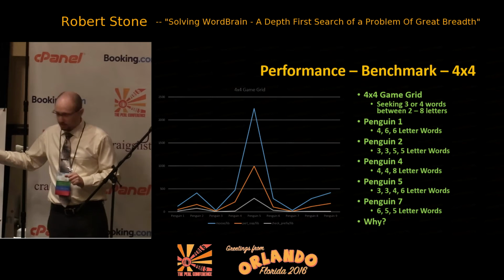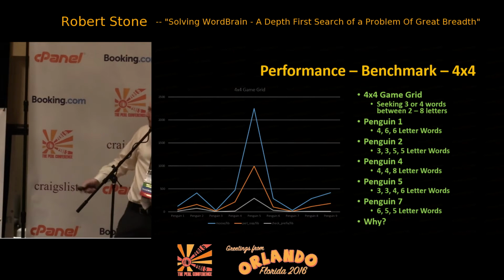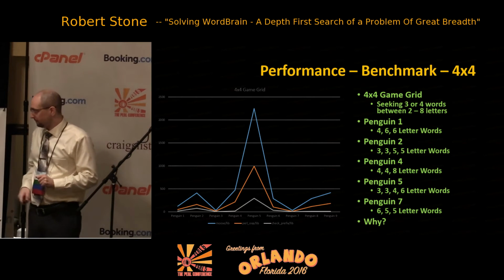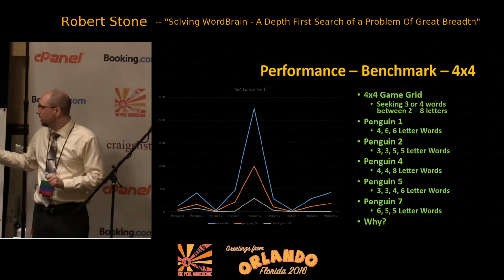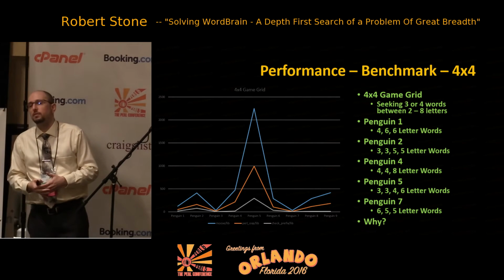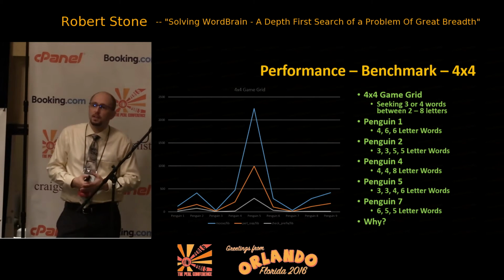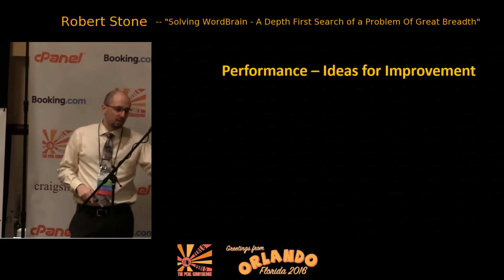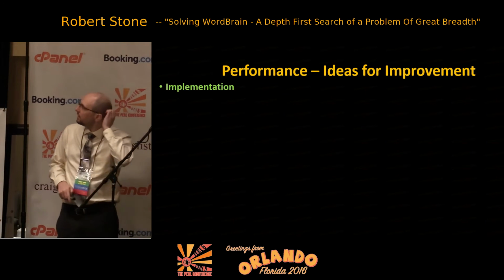Actually, let's look at the significant one, which is Penguin 5. Penguin 5, I'm looking for 4 words, compared to Penguin 2, where we're also looking for 4 words. So here, the number of words we're looking for and their length also becomes significant, for the exact same reasons that were stated earlier.